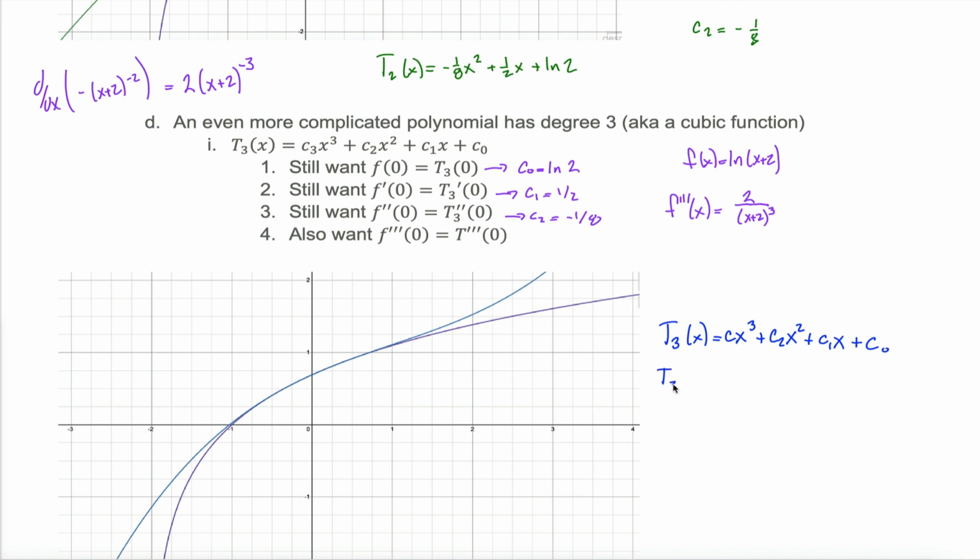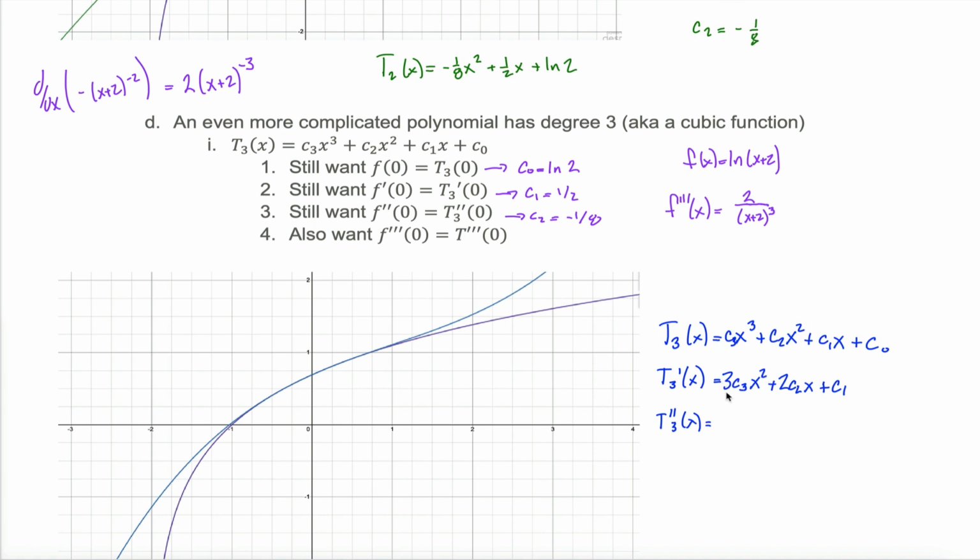When I take the first derivative of this polynomial, this goes away. I end up with 3 times c3, this constant, x squared, plus 2 times c2, this constant, x, plus c1 plus 0.